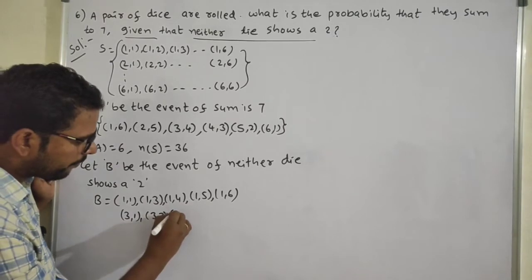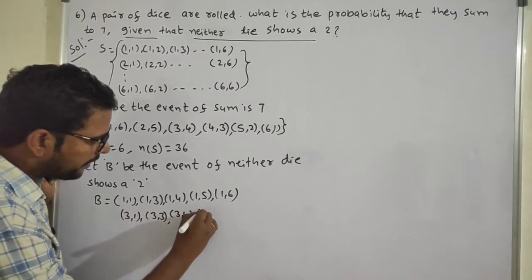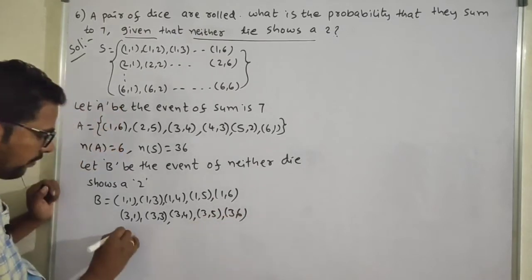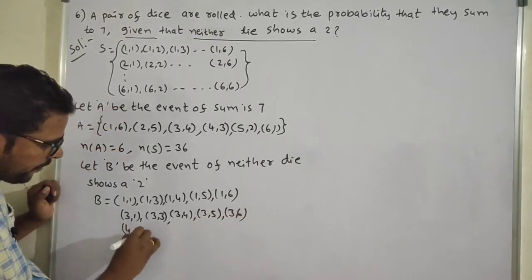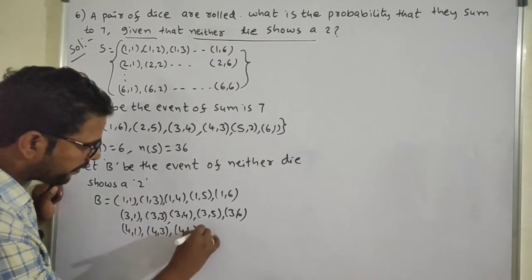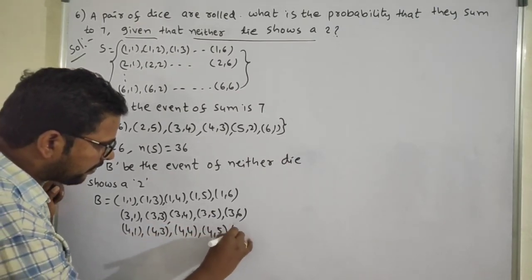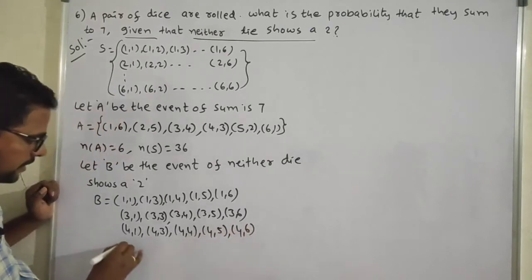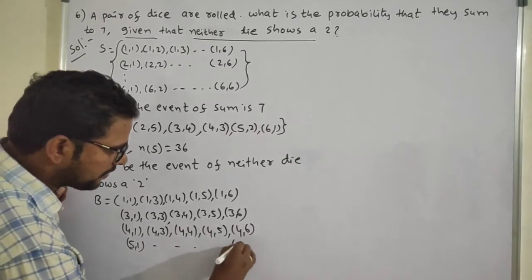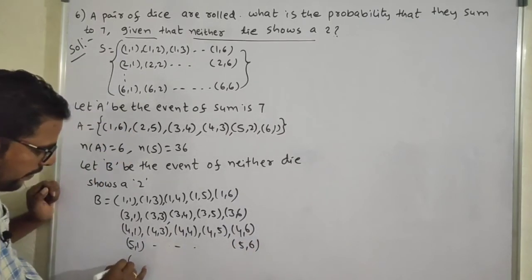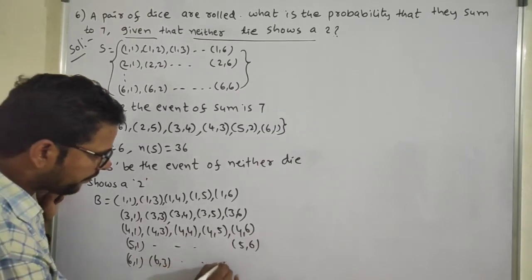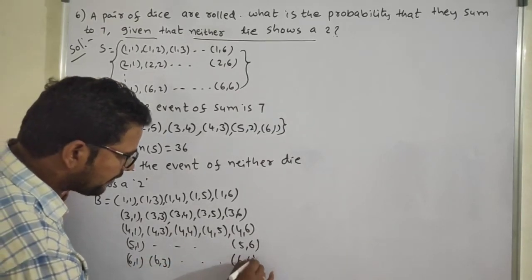So (3,4), (3,5), (3,6). Next (4,1), (4,3), (4,4), (4,5), (4,6). Next 5: (5,1) up to (5,5), (5,6). Same for 6: (6,1), (6,3), and so on up to (6,6).